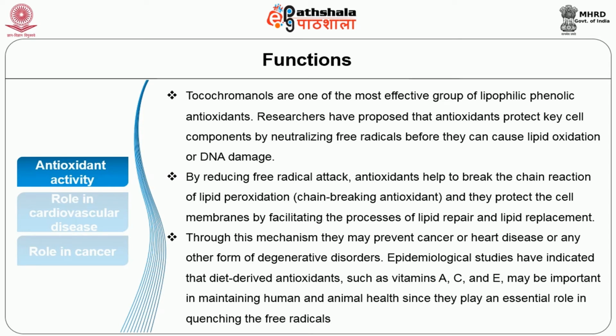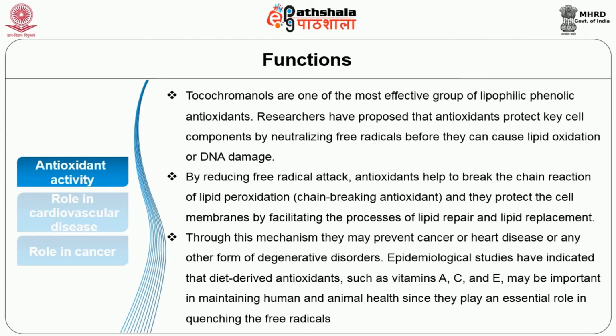Epidemiological studies have indicated that diet-derived antioxidants such as vitamins A, C, and E may be important in maintaining human and animal health since they play an essential role in quenching the free radicals. Accumulation of free radicals is known to be a major factor leading to the occurrence of several lifestyle-related disorders.